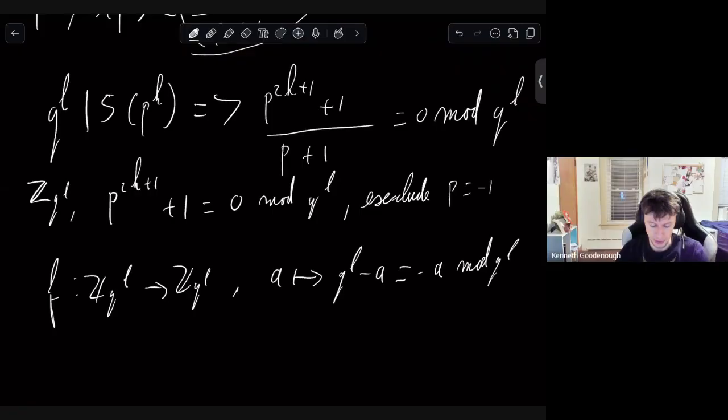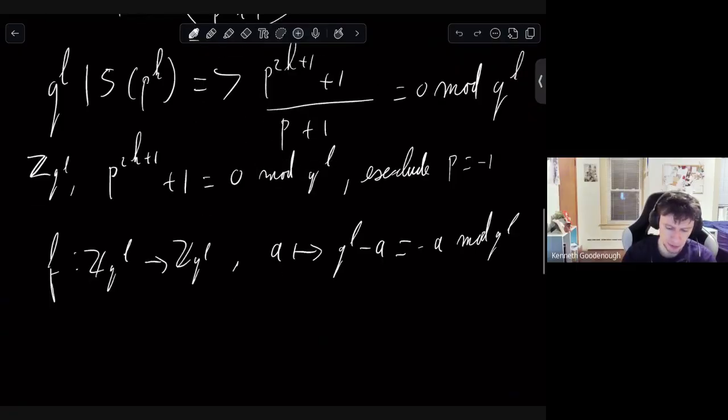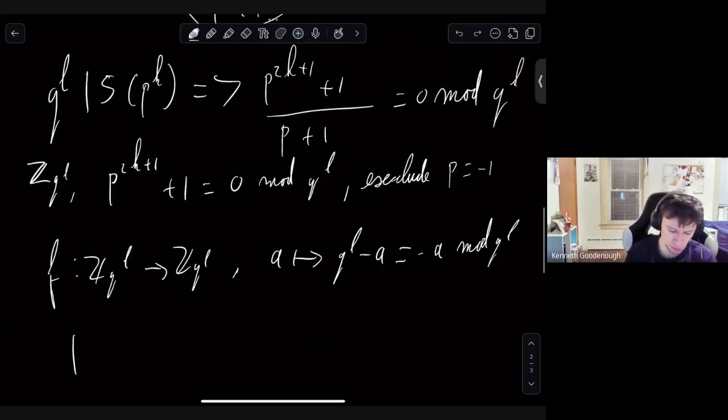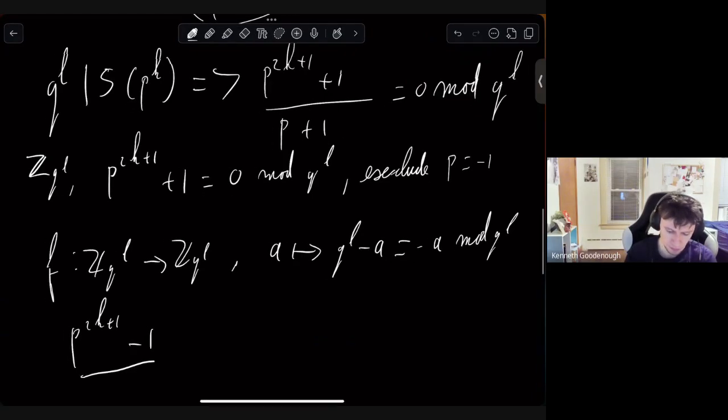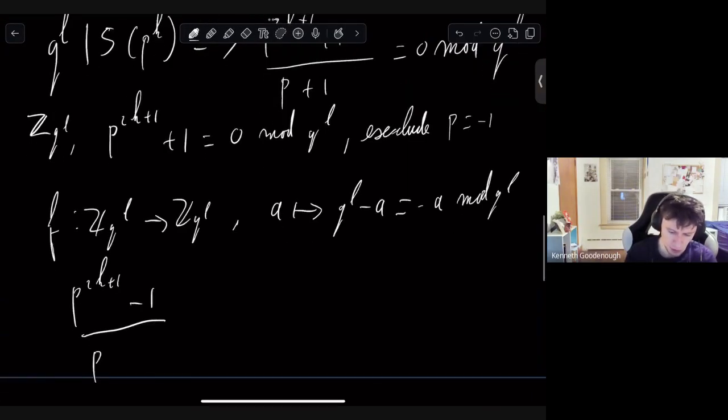So that is nice. And the idea is that if I have a solution to this equation here, that's the same thing as having a solution to the other one.